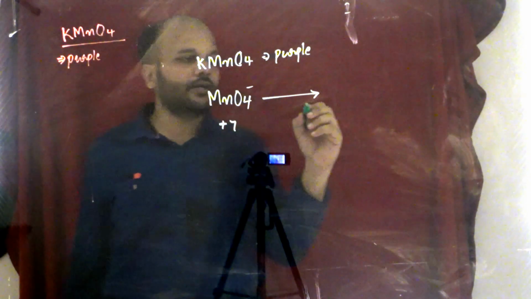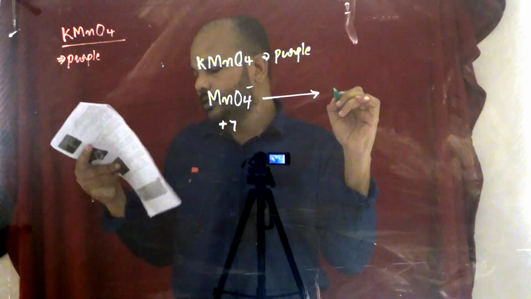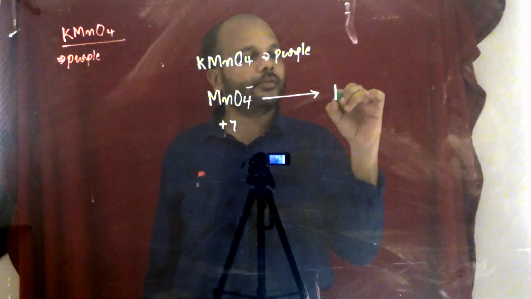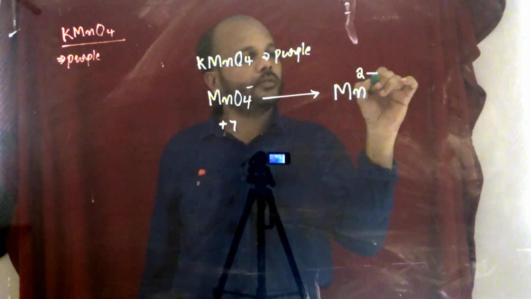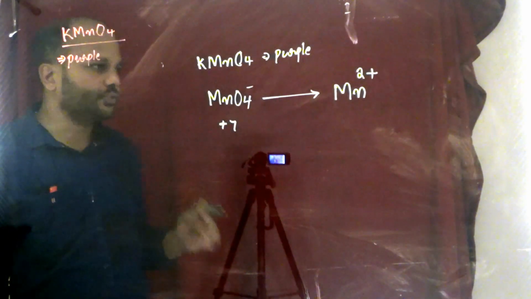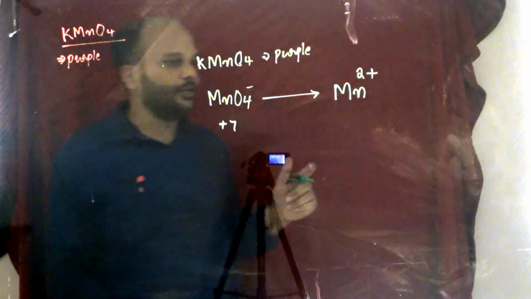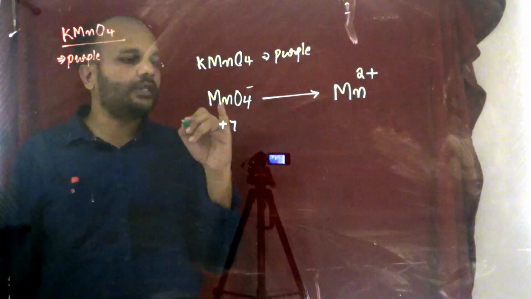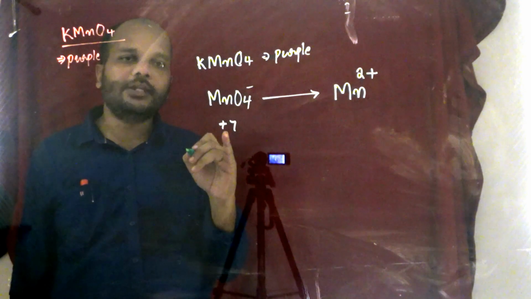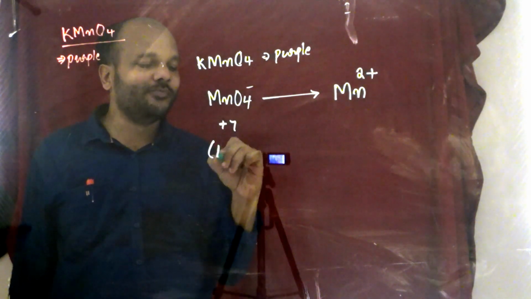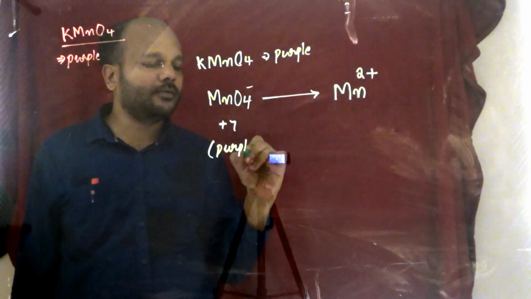When it is converting into +2 oxidation state, it changes into Mn2 plus. So KMnO4, when it is in the MnO4 form or the +7 oxidation state form, is purple in color.